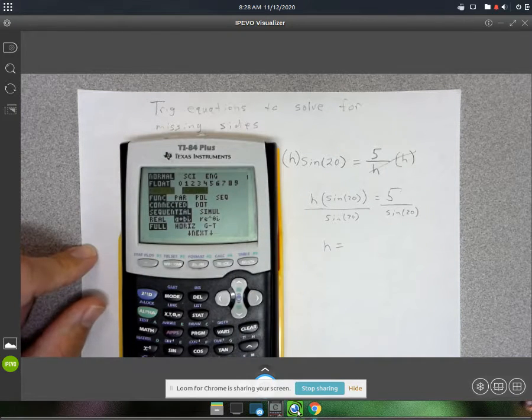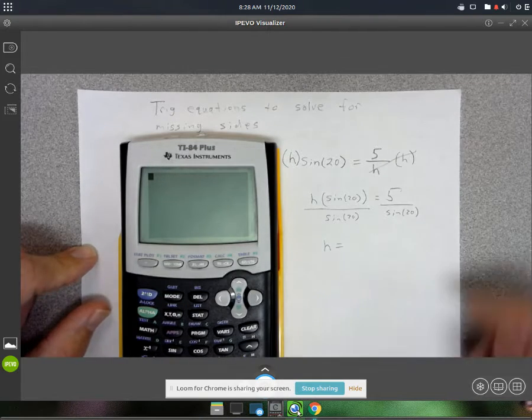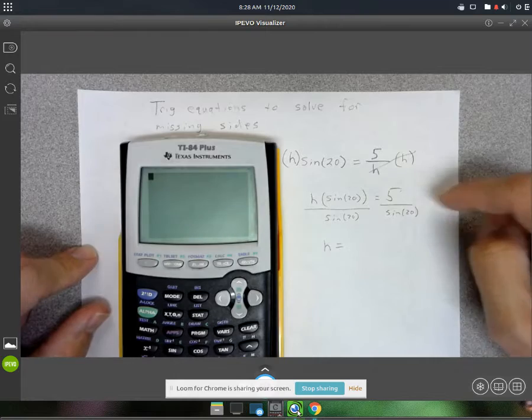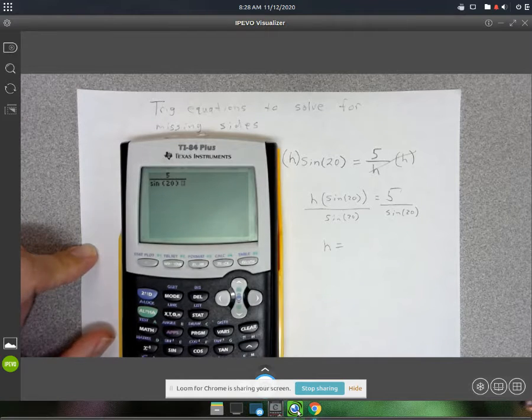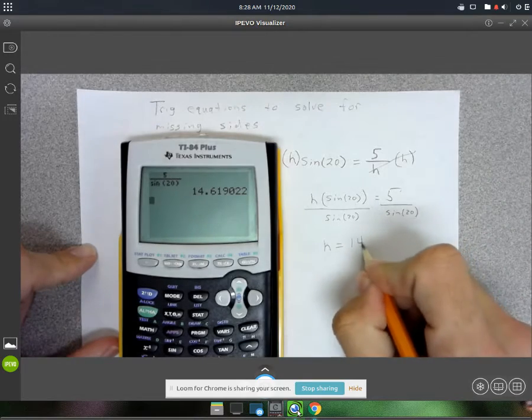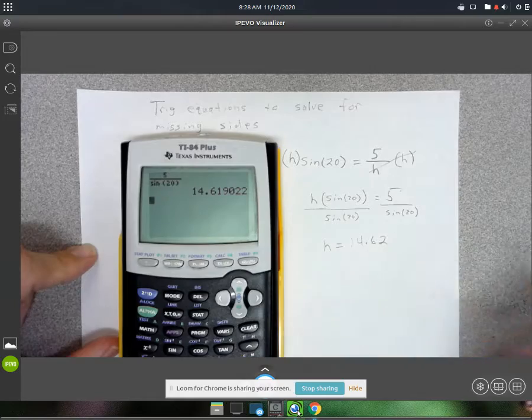Enter, and now we can quit and go back here and simplify this. So we'll do 5 divided by sine of 20, and that's going to give us 14.62. I'm going to round to the hundredth place.